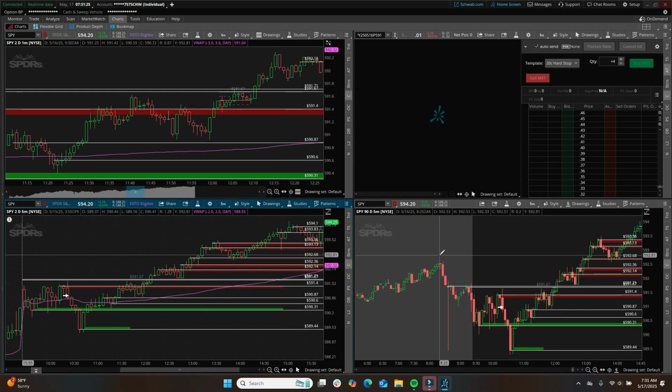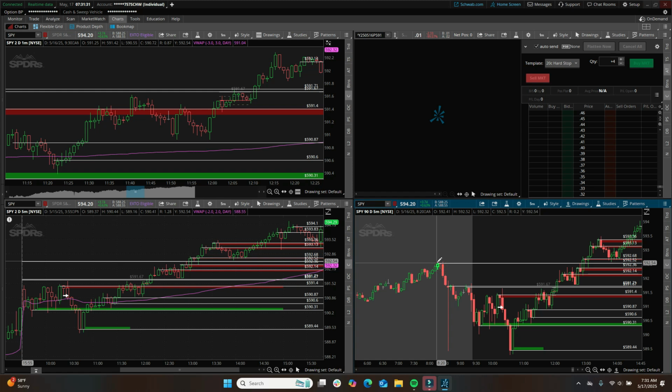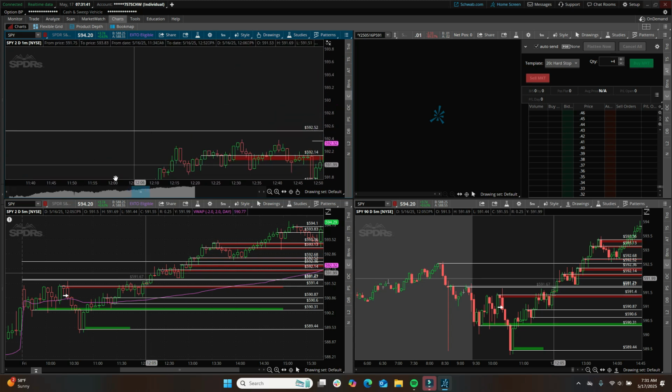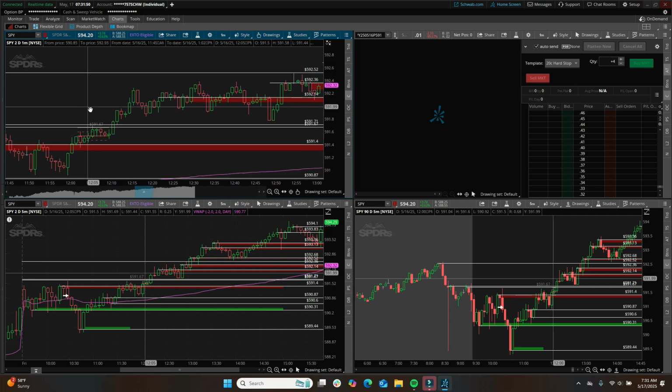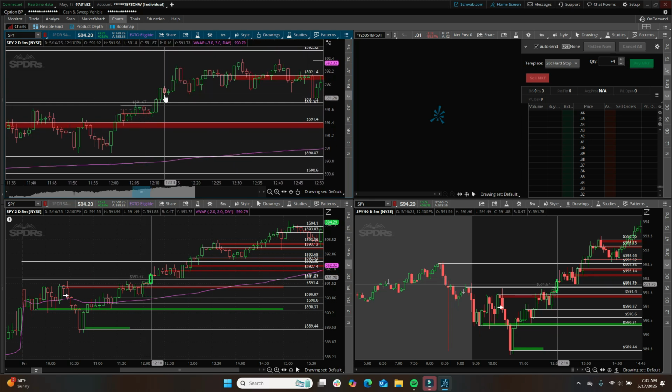I saw another MK student take a trade somewhere near this area. It was here.